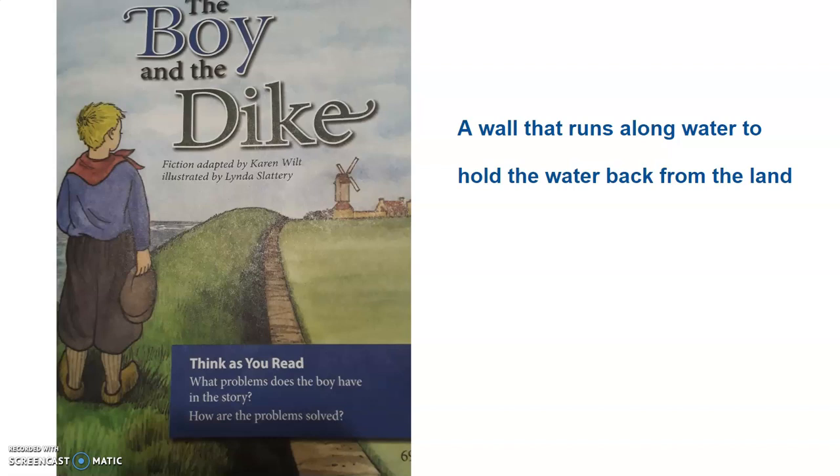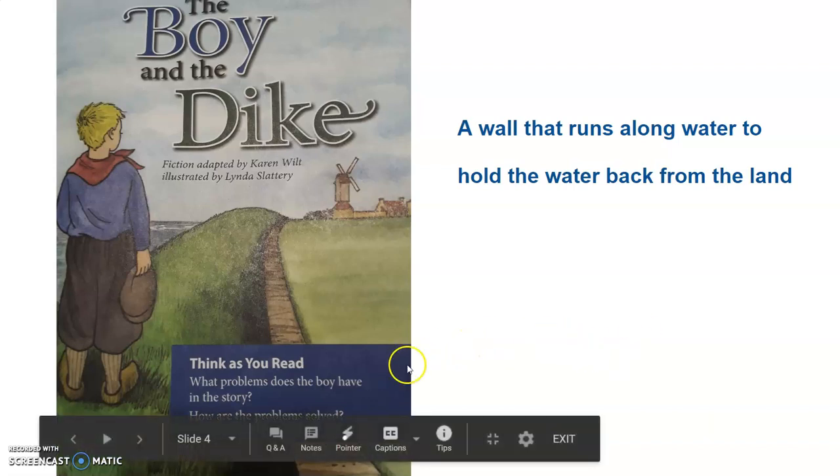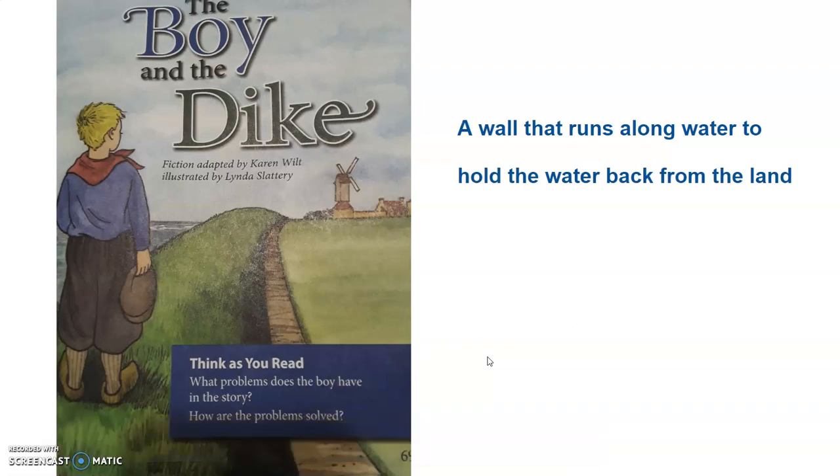So this story is called The Boy in the Dike. It's fiction, and it is adapted by Karen Wilt, meaning that she wrote it just for second graders to be able to read. And so this is what I want you to think about. Just like your book says, I want you to think about the problem in the story. This boy, Jan, has quite a problem.